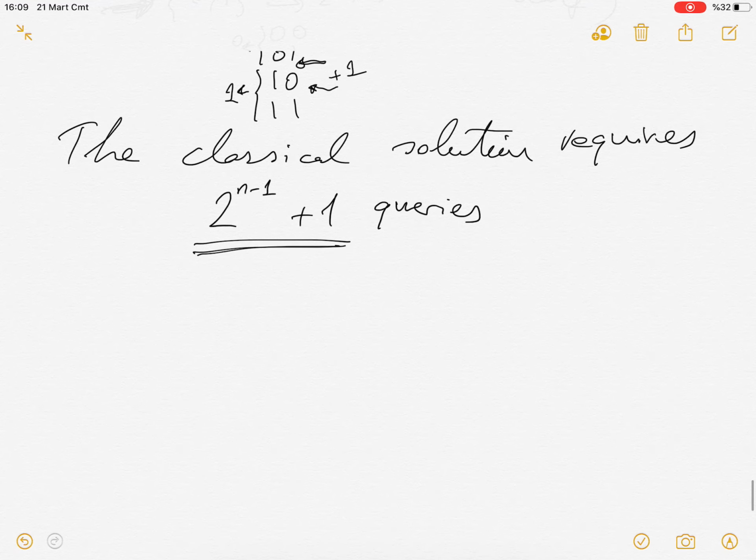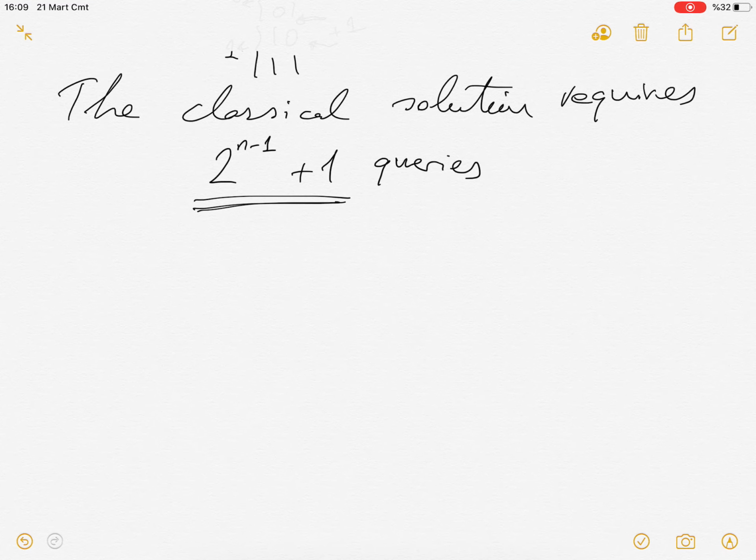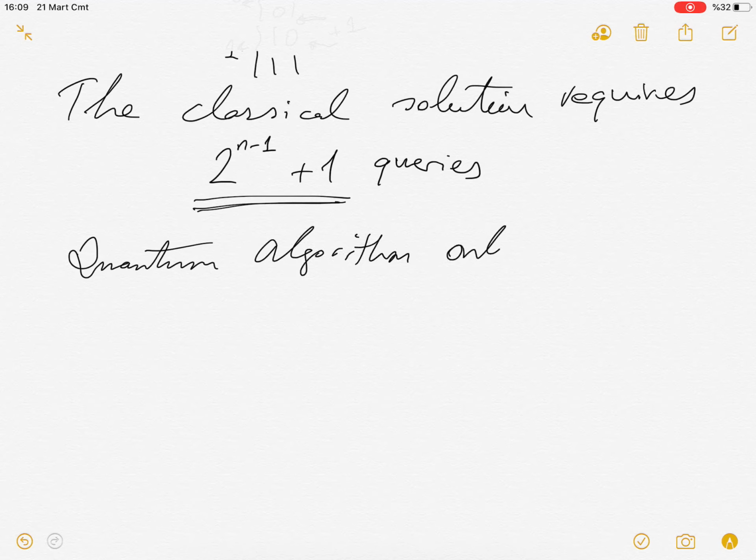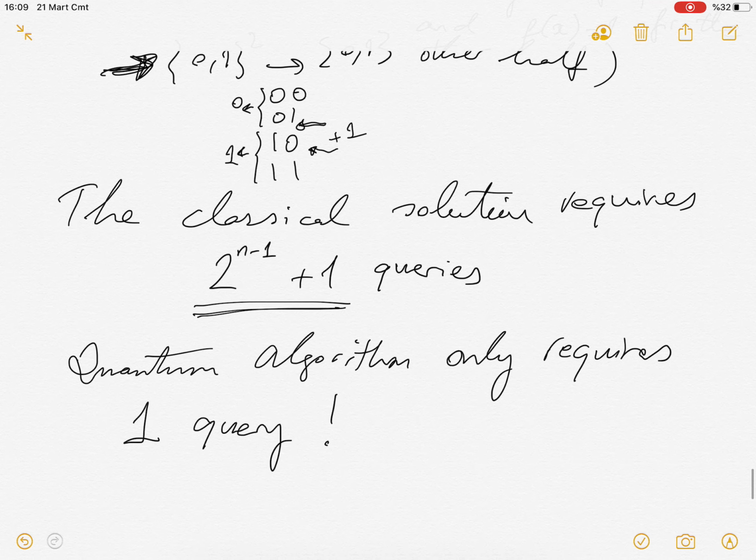Now, surprisingly, using quantum computers and an appropriate quantum algorithm, it only requires one query. With only one evaluation of f, I can know whether that given function is constant or balanced.